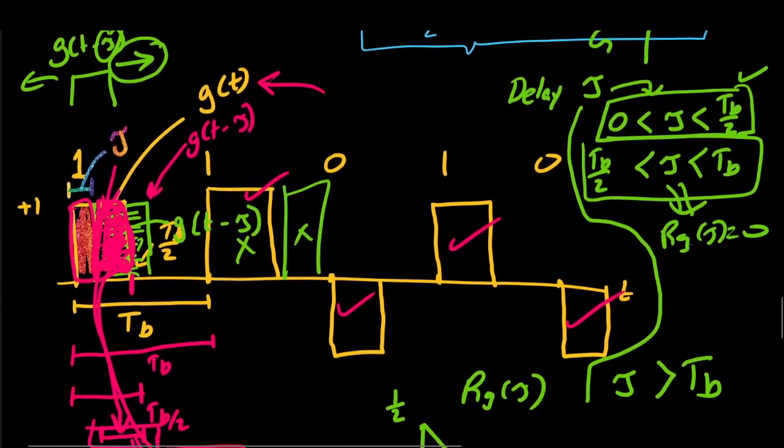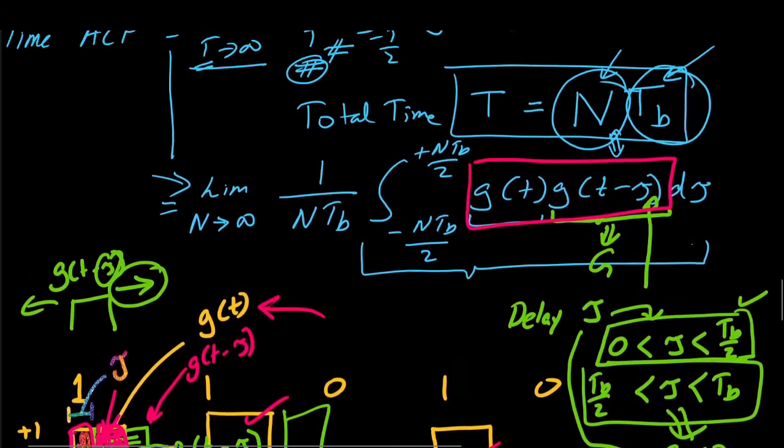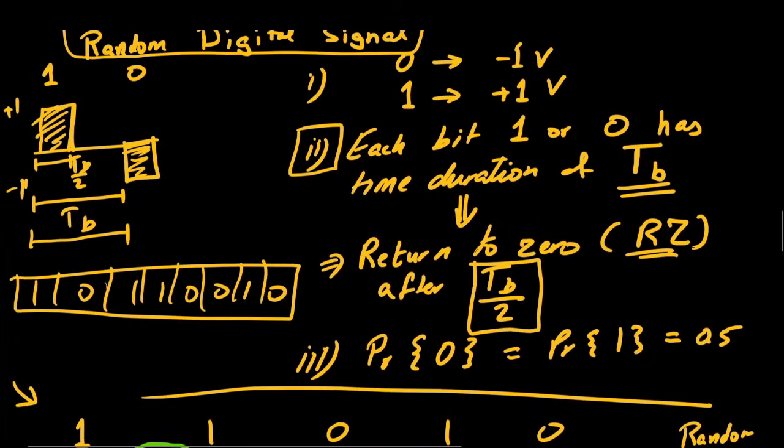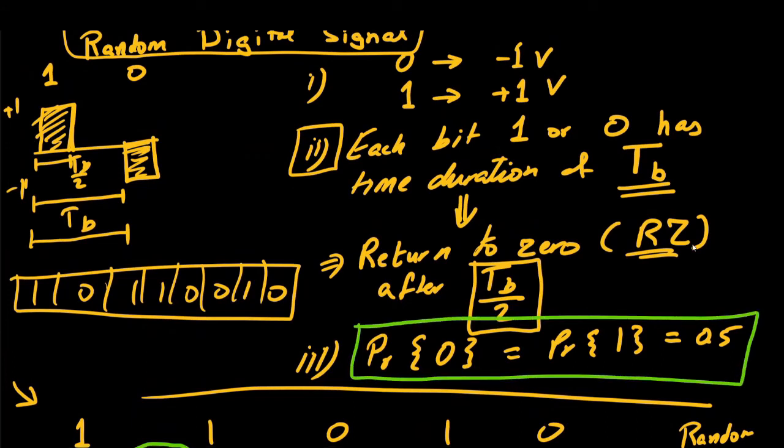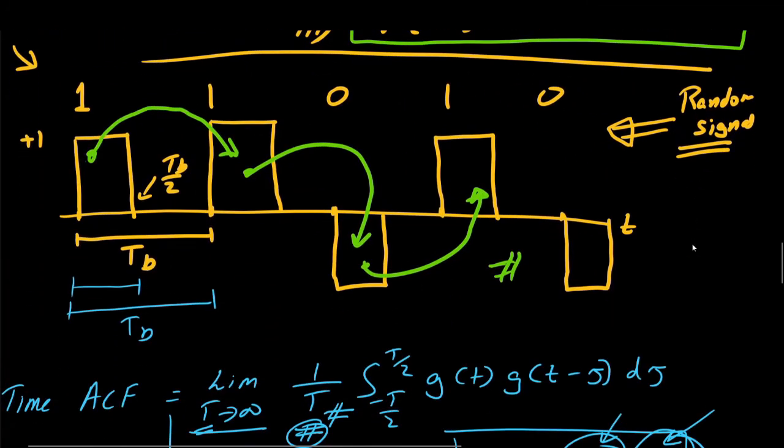So for this case, when tau is greater than TB, what would be the time autocorrelation function? For that we have to revisit the question again, wherein we have mentioned that the probability of 0 is equal to the probability of 1, which is equal to 0.5. So if we multiply the delay of this with this signal, eventually we would have a minus 1.